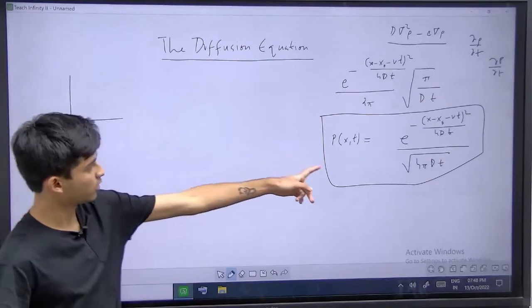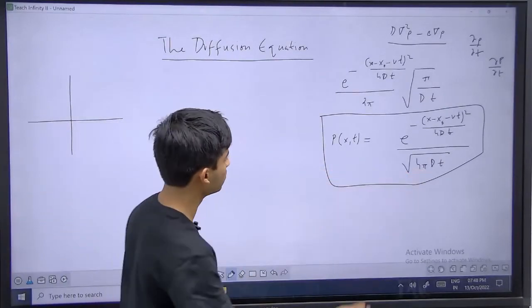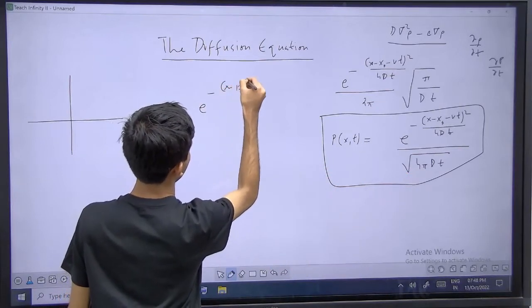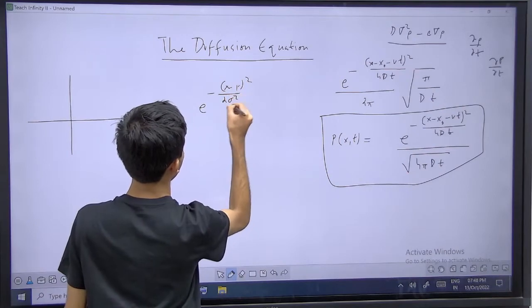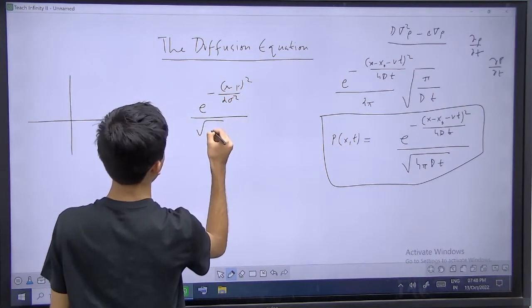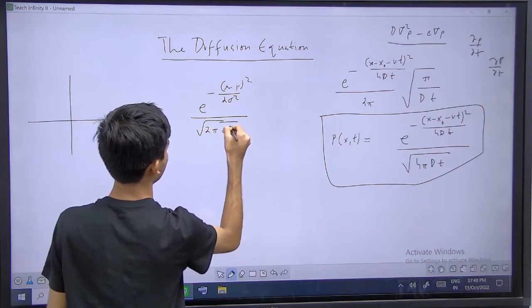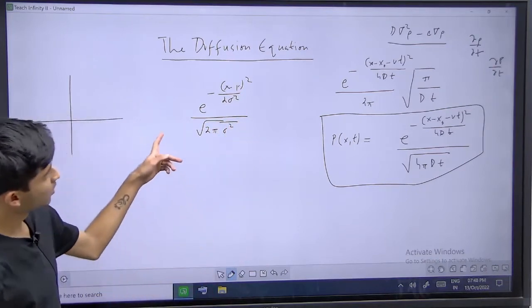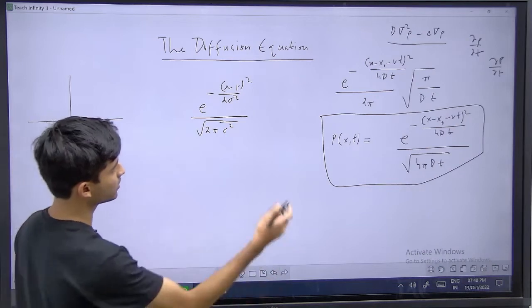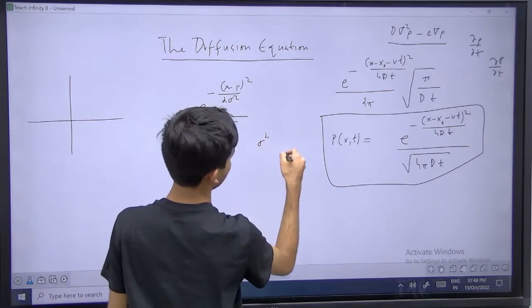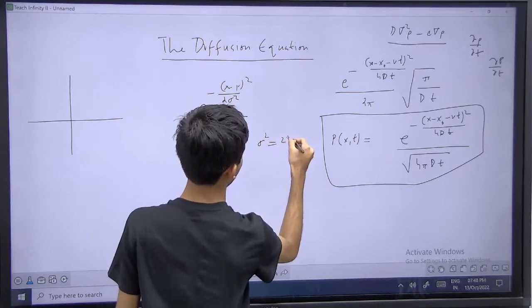What is important though is this d over here. So you write the general form of the Gaussian as something like this, right? Mu square over 2 sigma, and that means that we can compare coefficients and we'll see that sigma square is 2d.